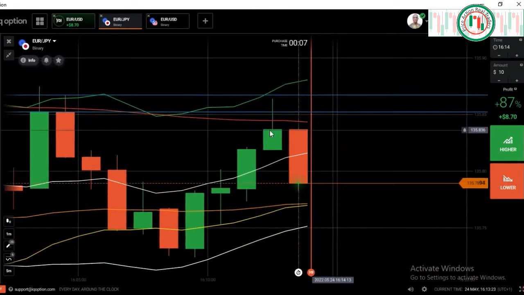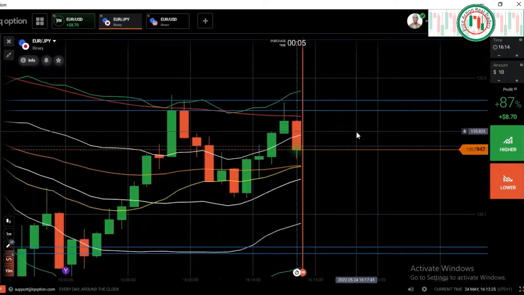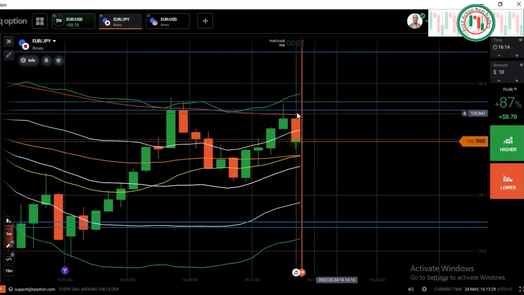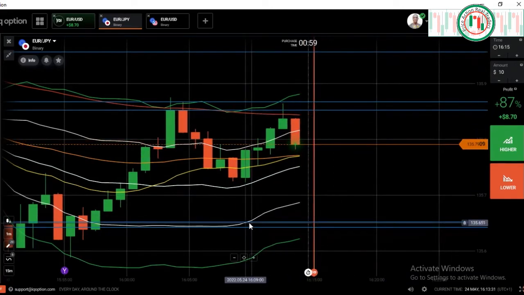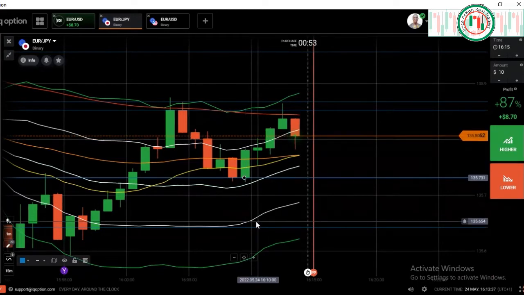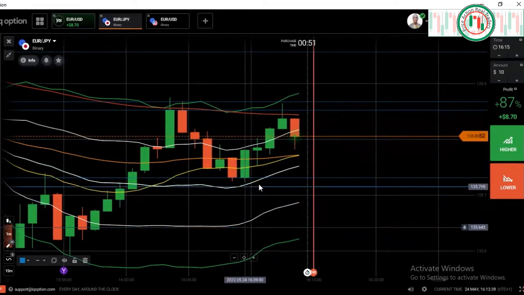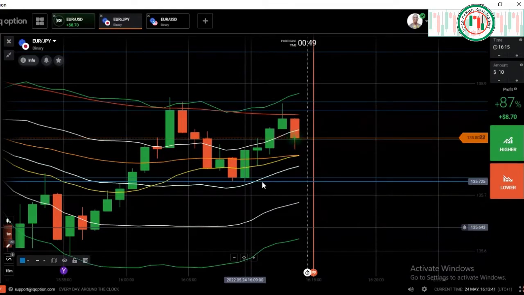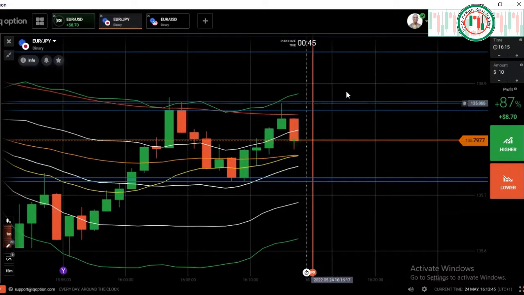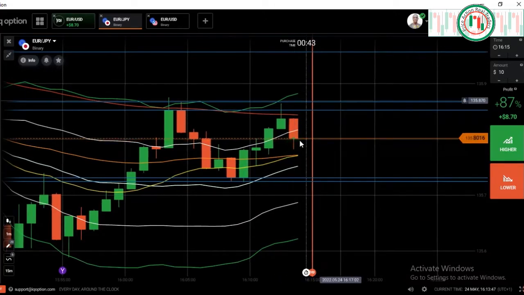See, I missed this put option here. No problem. I will wait for this area now. Or if this is weak, I will place my trade put option.